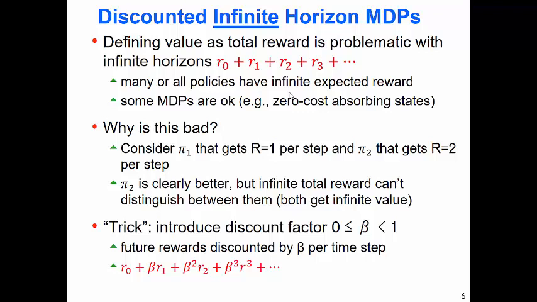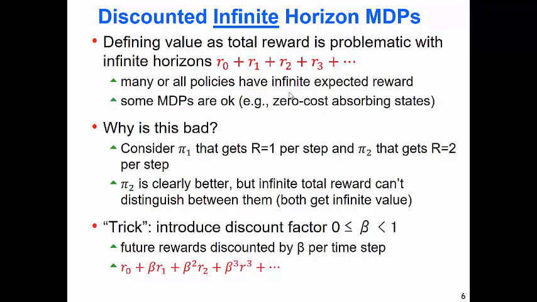But this seems counterintuitive, because you might have a policy pi1 that manages to get a reward of 1 every time step, and then another policy, pi2, that gets a reward of 2 each time step. And policy pi2 is clearly better than pi1. But if we just look at the accumulation of the reward, they're both diverging, and we can't tell the difference.